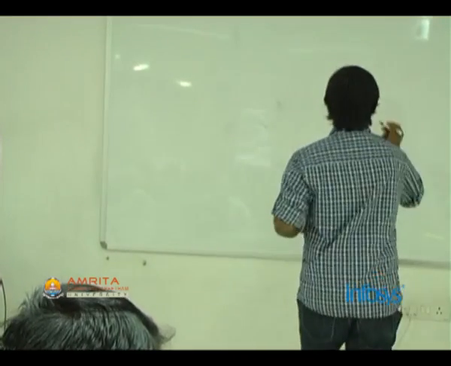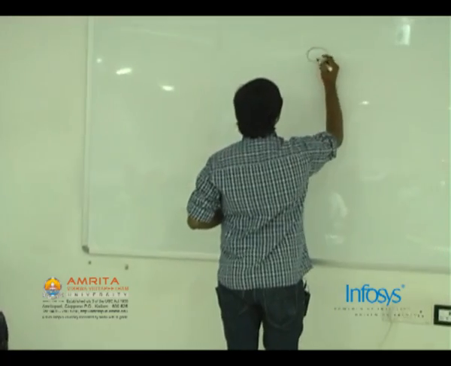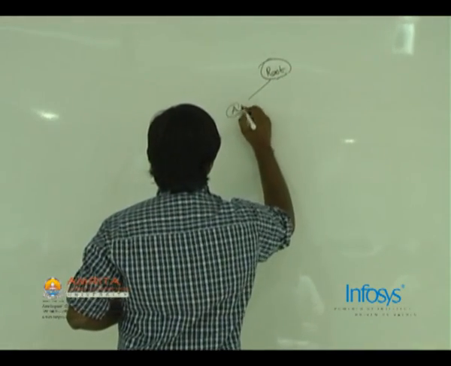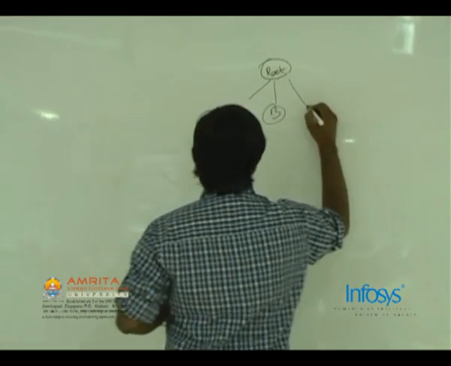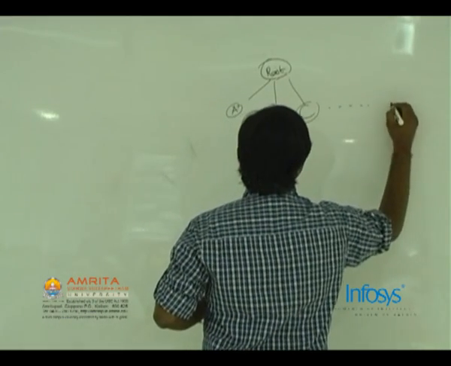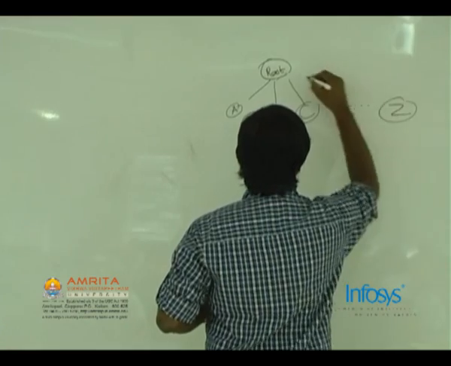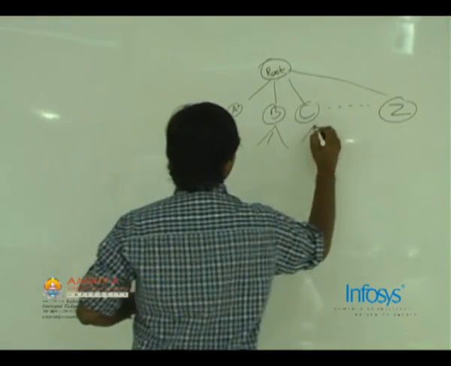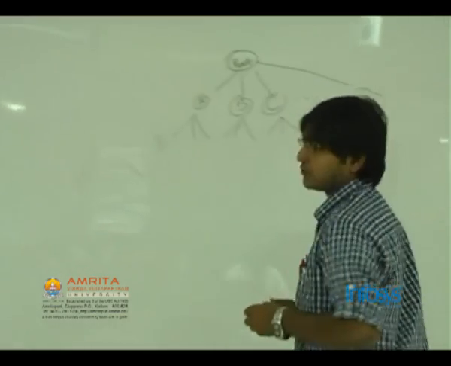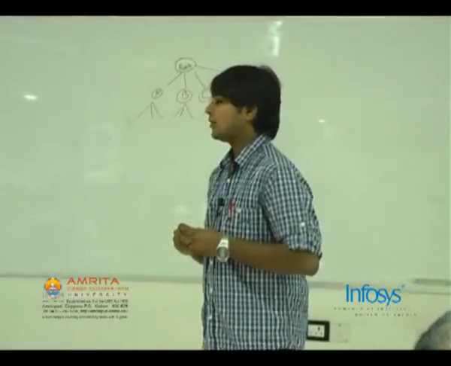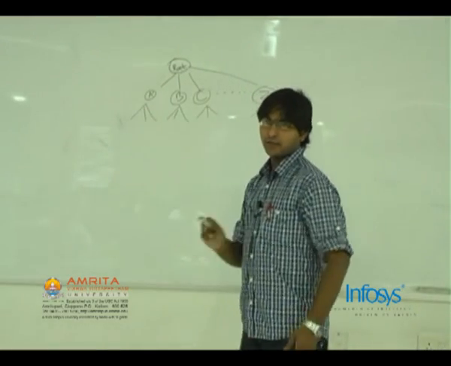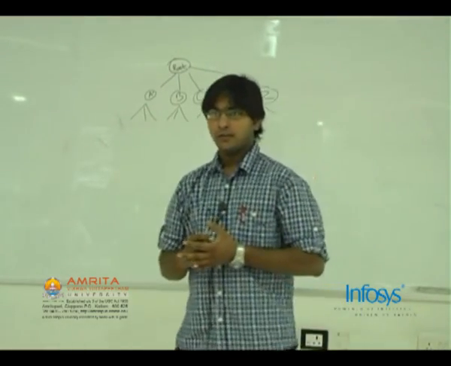So the structure of a trie is: there is a root node, and this root node has 26 children if we are considering the English alphabet.